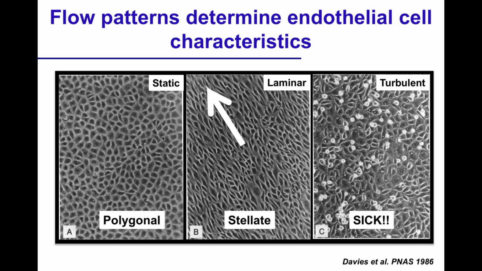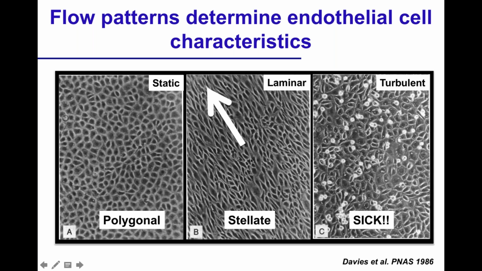So this is a slide that comes from work that is now over 25 years old, and it basically makes the point that the pattern of blood flow over an endothelial cell is critically important in determining that endothelial cell's characteristics and function. If you look at the left panel, you have a situation where the blood flow is static, and in this case, you can see that the cells acquire a polygonal appearance.